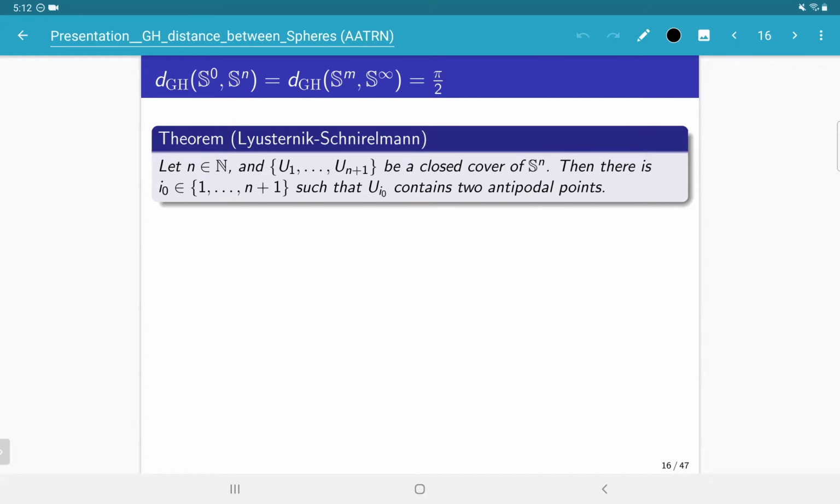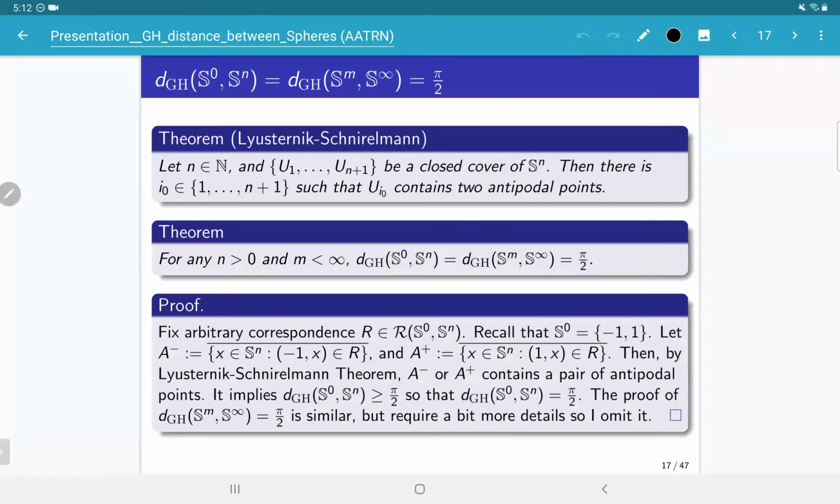For any positive integer n, consider a closed cover U1 through U(n+1) of Sn. Then there must be some Ui containing 2 antipodal points. So with this, one can prove the following.